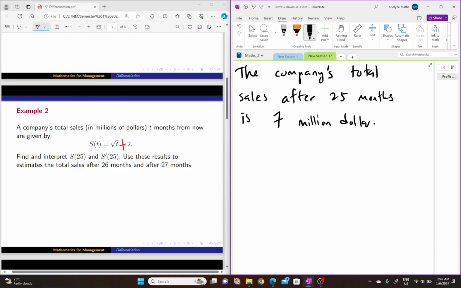Now for S, if you want to find the first derivative, you want to differentiate S. Just now this one was a square root, I can write it as power 1 over 2.